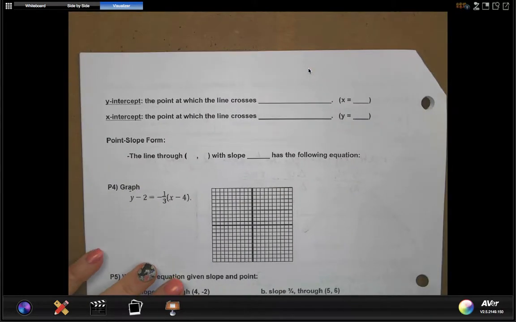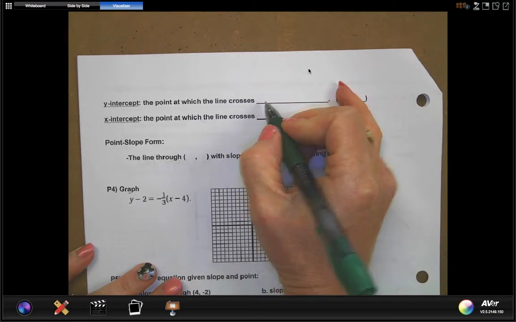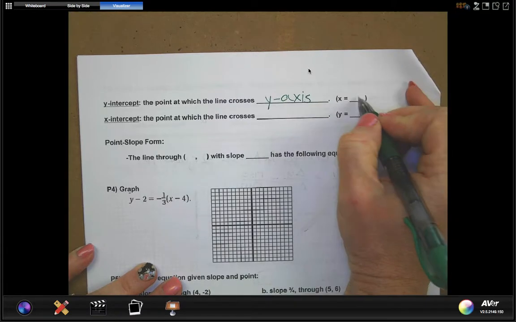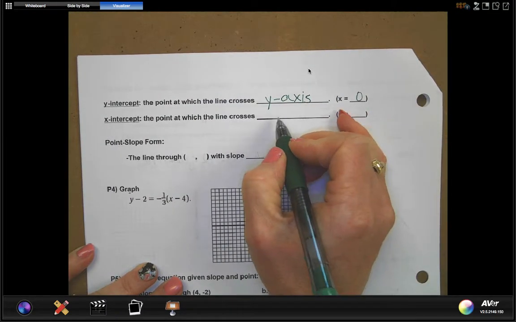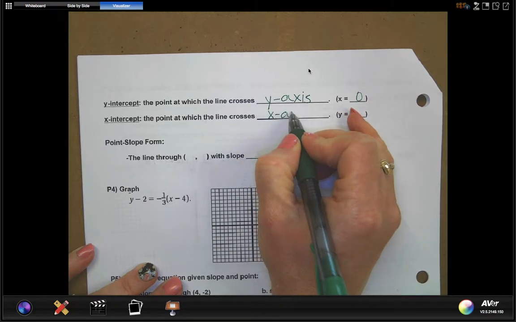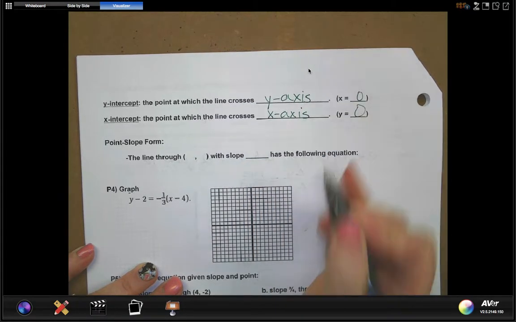The y-intercept is the point at which the line crosses the y-axis. So x is equal to 0. The x-intercept is the point at which the line crosses the x-axis, so y equals 0.